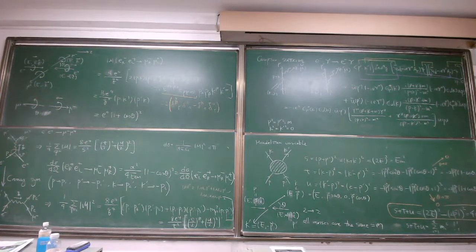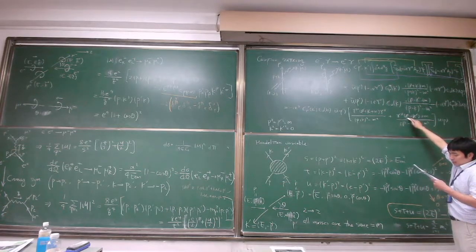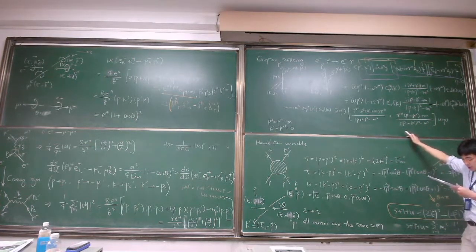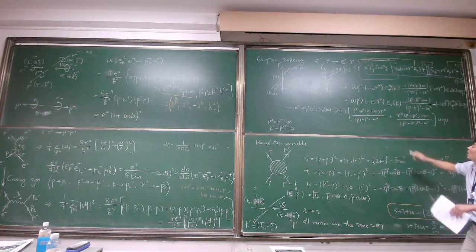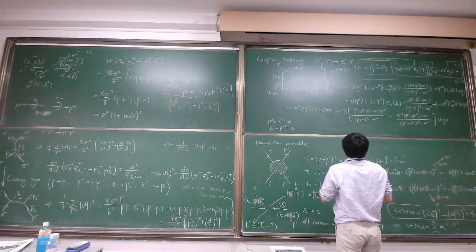And also if you act with P slash, let me think. We also need to use the Clifford algebra to simplify a little bit more.